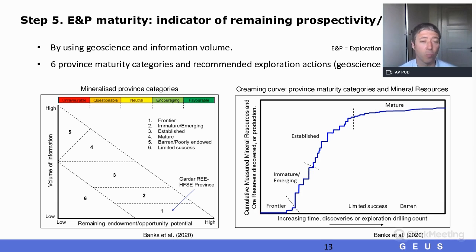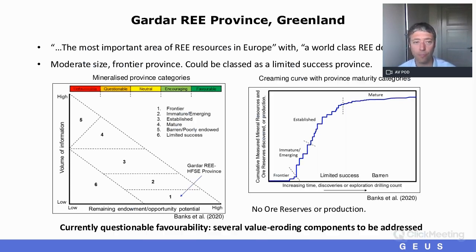And they are that a province can be frontier, emerging, established, mature, barren or poorly endowed, and limited success. And obviously companies have their ways of creating, for example, discovery distribution size curves, etc. We also recommend that companies build creaming curves to determine again what's been found and therefore how much is left to find in a mineralized province.